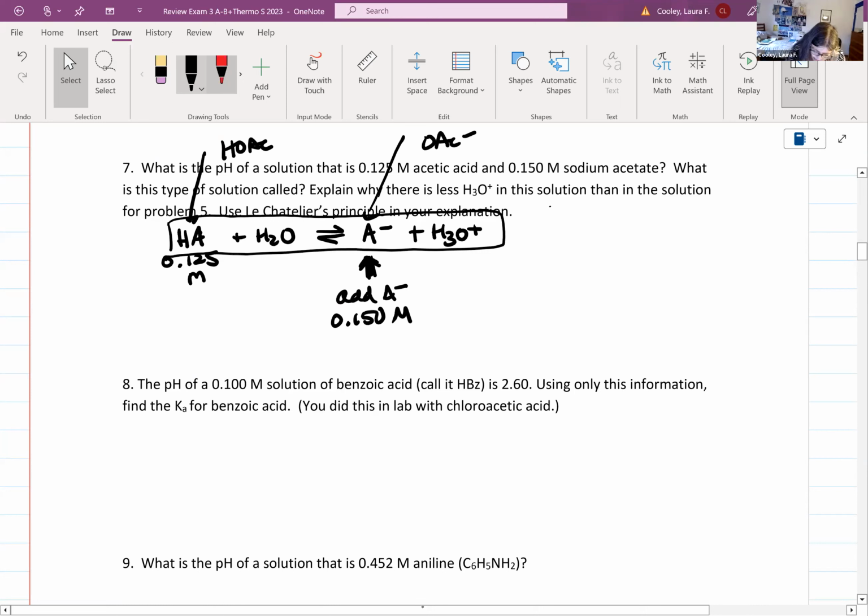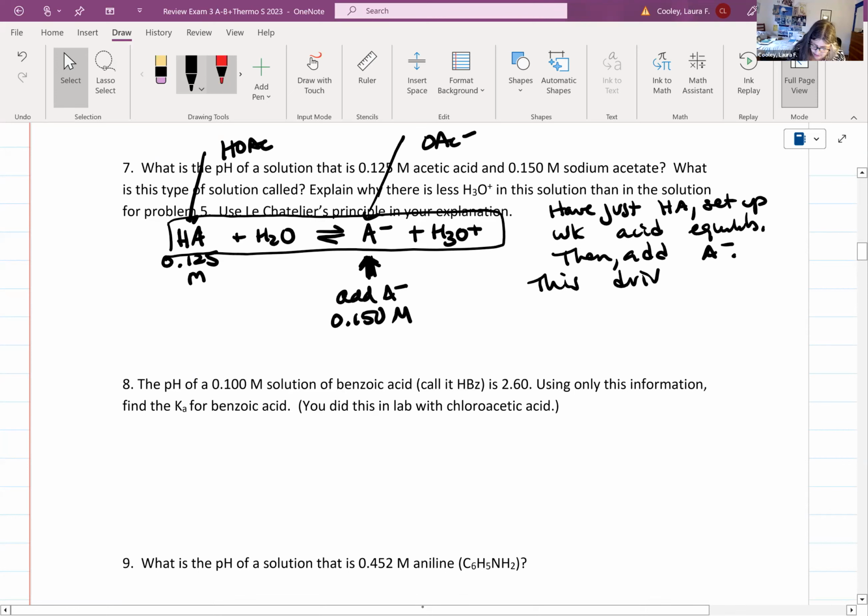If you have just HA and you set up the weak acid equilibrium, then you add A minus, this drives the reaction in reverse. So the concentration of H3O plus, when you have the added acetate, is actually lower than if you didn't have that anion there.